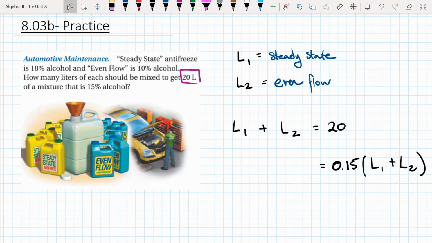On the left-hand side, we want the total steady-state alcohol plus the total even flow alcohol. So the total steady-state alcohol is the alcohol percentage times the volume of the steady-state solution. So this is the total steady-state alcohol.